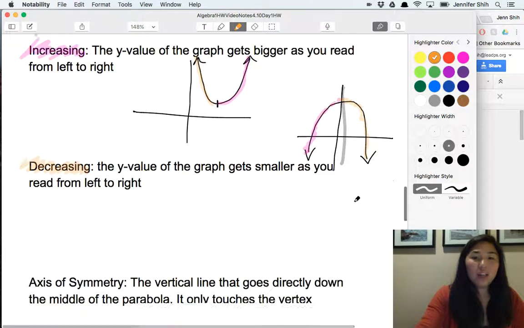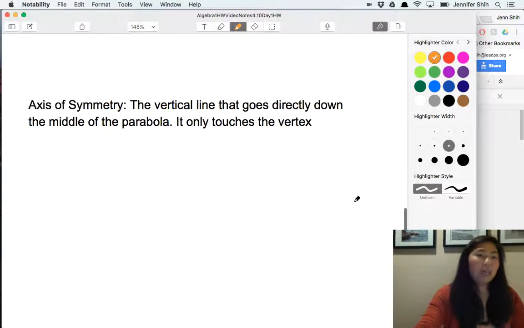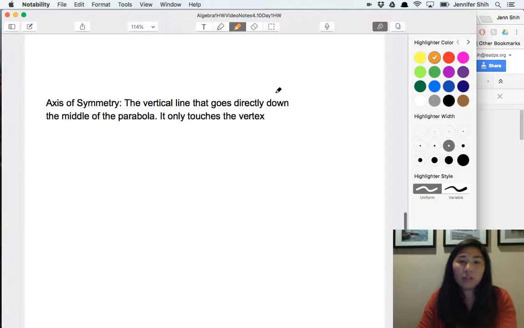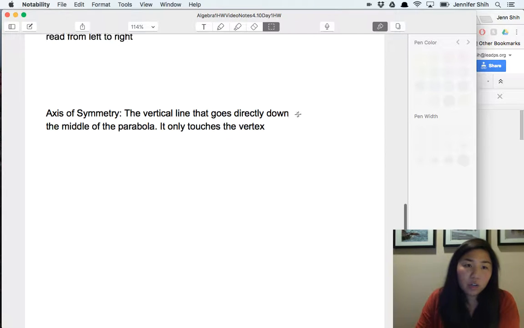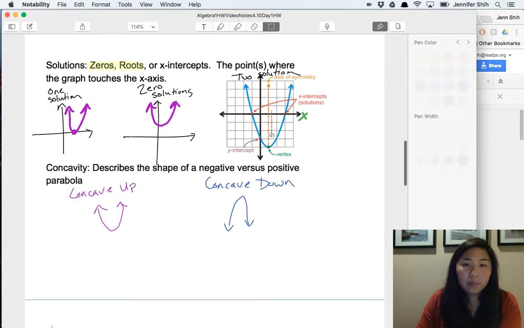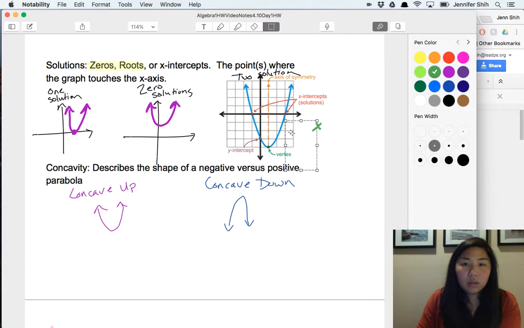Okay, last word, we're going to talk about this word a lot. We're going to write equations for it, and it's going to be really important for our study with parabolas. It is the axis of symmetry. This axis of symmetry is the vertical line that goes directly down the middle of the parabola. You might have heard this word before if you've talked about geometry and you've talked about symmetry.